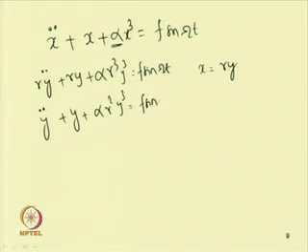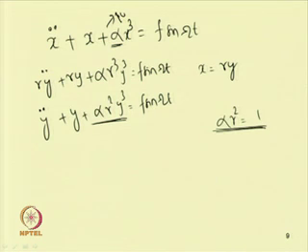Now, to make this cubic nonlinear term weak, I will put the coefficient alpha r square equal to 1. For a given value of alpha, let alpha equal to 5 or 10.